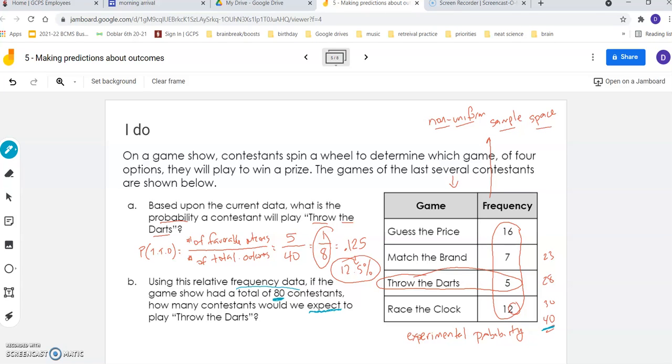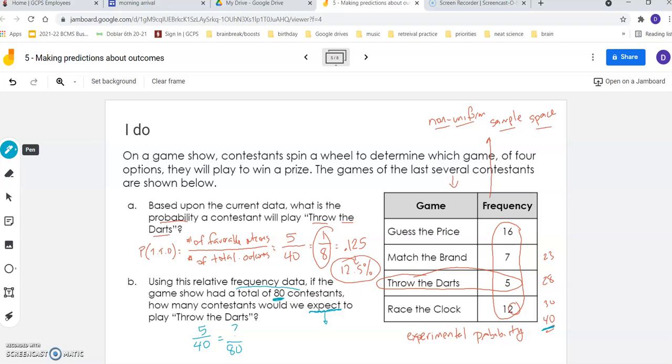Probably not, but probably close though. So we say, how many would we expect to play Throw the Darts? So if 5 out of 40 played Throw the Darts, how many would we expect out of 80 to end up playing the same game? We've got ourselves a ratio.